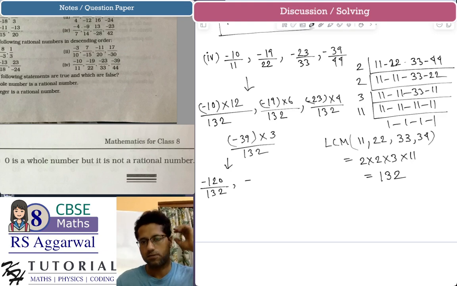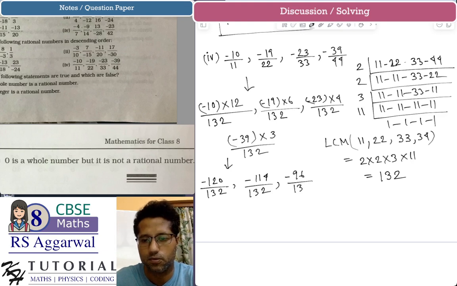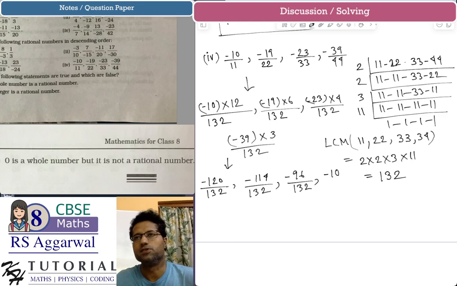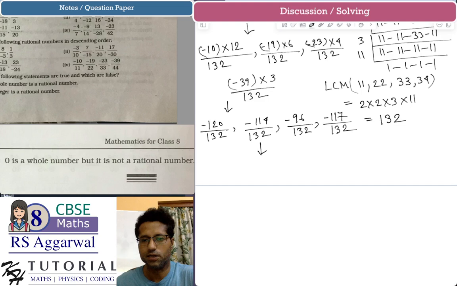This is minus 114 by 132, and this is minus 96 by 132, and finally minus 117 by 132. So these are the rational numbers. They all have common denominator as 132. Now we have to compare based on their numerators in the descending order.